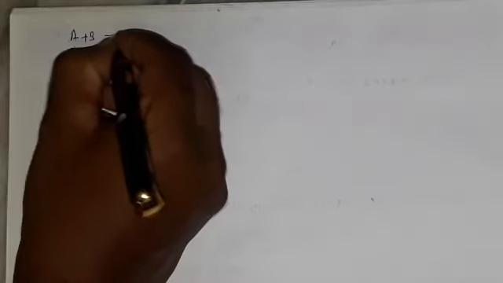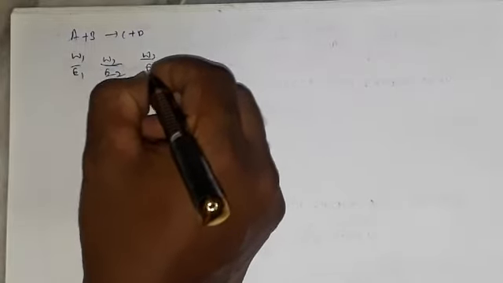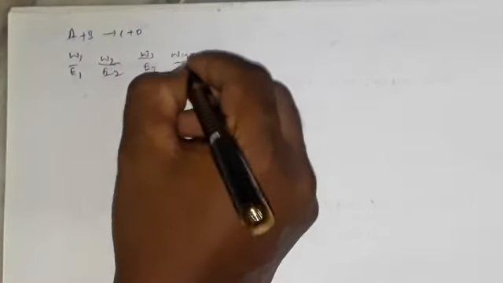Now next we are going to discuss some other related information. Suppose A plus B gives rise to C plus D, then W1 by equivalent weight 1, W2 by equivalent weight 2, W3 by equivalent weight 3, W4 by equivalent weight 4.